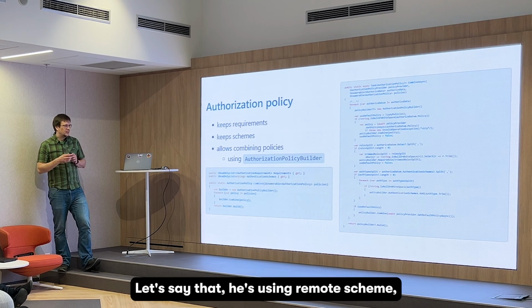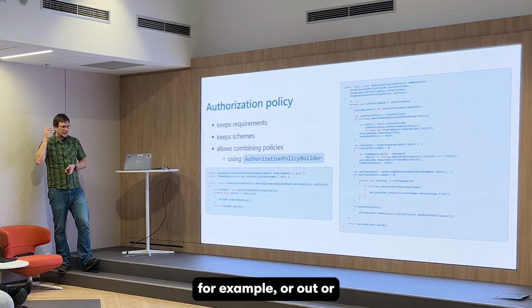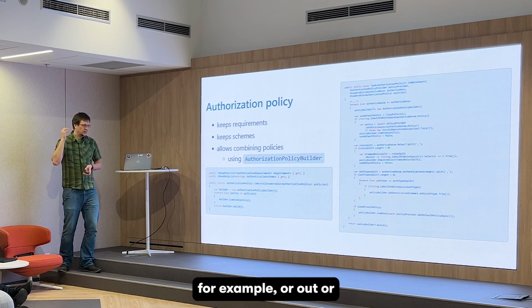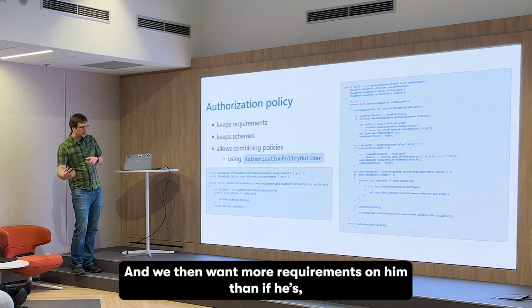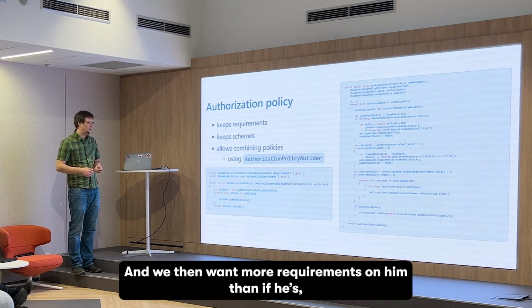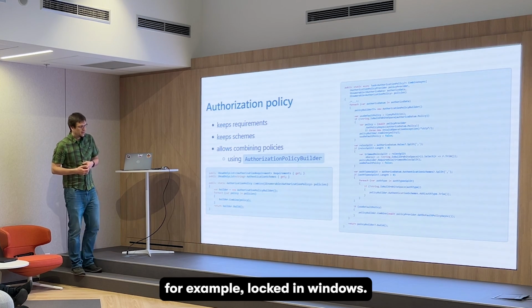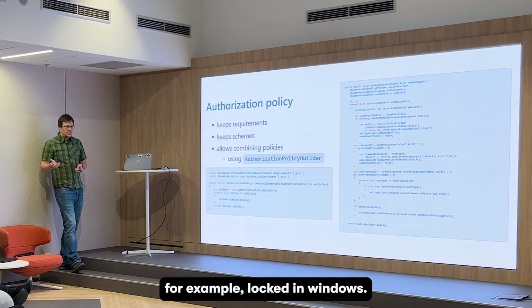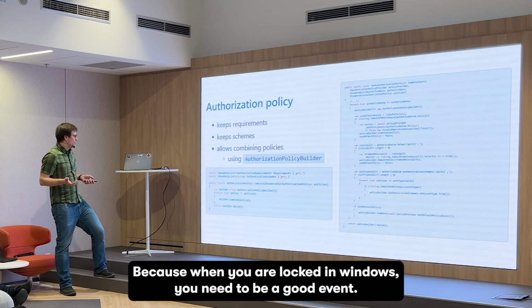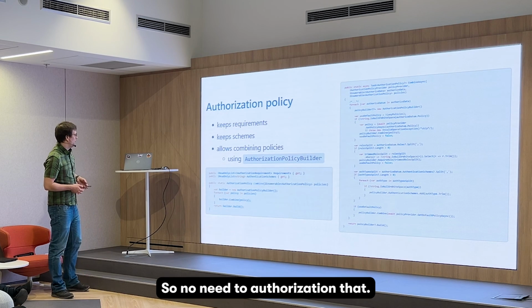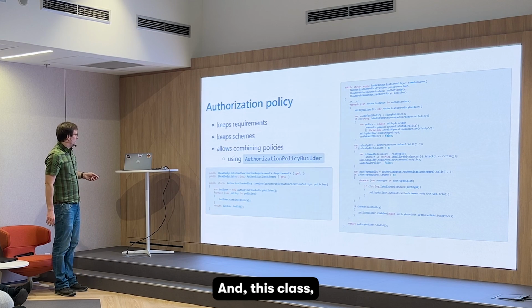Let's say that he's using a remote scheme, for example, OAuth or something like that, and we then want more requirements on him than if he's, for example, logged in Windows, yeah? Because when you are logged in Windows, you need to be a good man, so no need for authorization then.